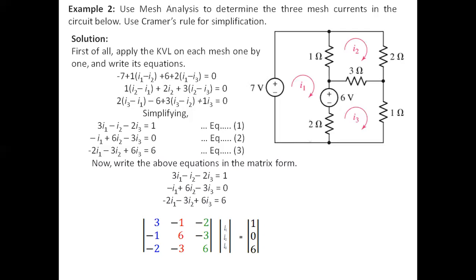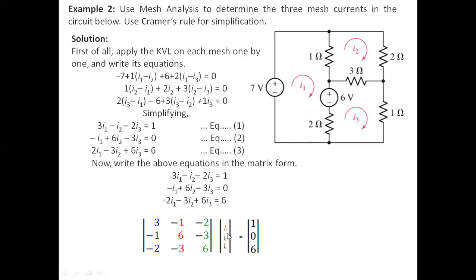Now first we need to find the determinant of the 3 by 3 square matrix. Then if you want to find delta 1 for I1, you need to replace the first column with these values and then find the determinant.